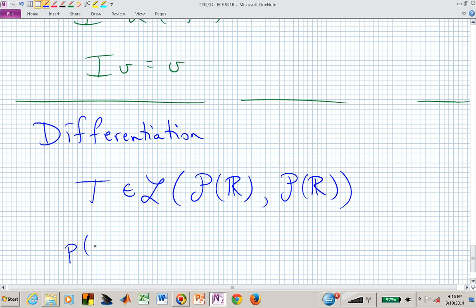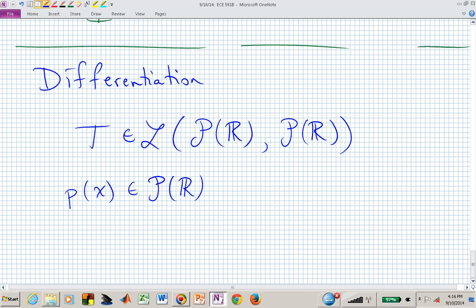And we might say, oh, P of X is now some polynomial, and T now says that we take TP, and that's really just the derivative of P. As an example, just so that you're thinking about a concrete entity, suppose we had some polynomial 3x squared plus 2x plus 7.